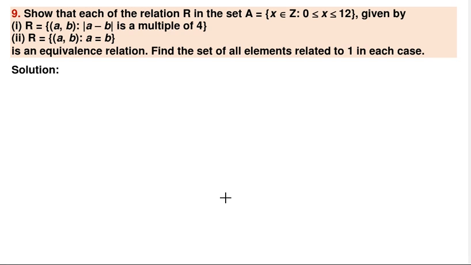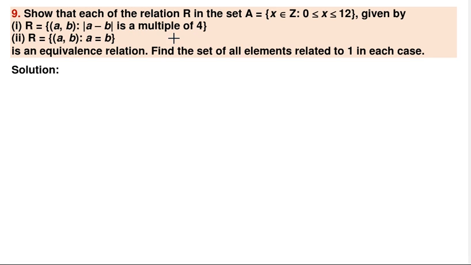Question number 9: show that each of the relations R is an equivalence relation. There are two relations given, in the set of integers from 0 to 12. The first relation R has representative element (a, b), where the absolute difference between a and b is a multiple of 4.